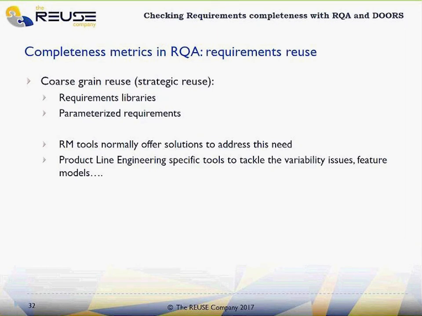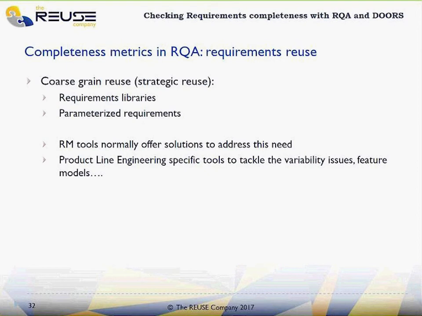And as I mentioned before, we think that requirement reuse is key to avoid missing requirements. We can think of two different types of requirements reuse. On the one hand, we have the more strategic reuse. We can name it coarse grain reuse. This kind of reuse is based on requirements libraries, parameterization of requirements, and so on and so forth.